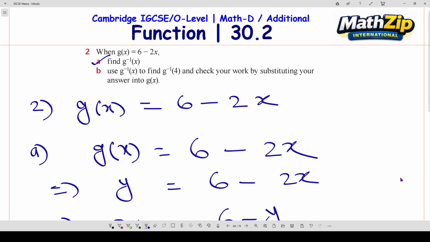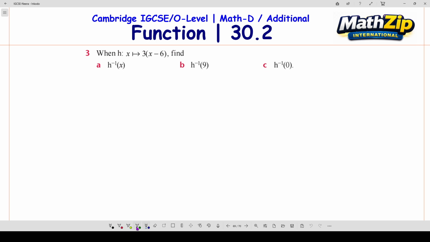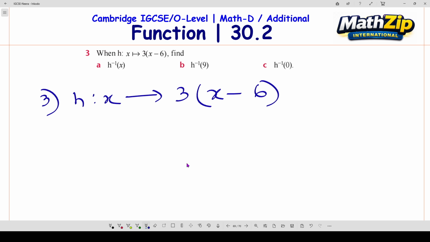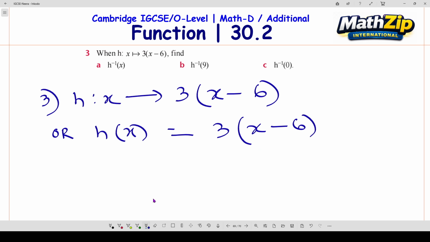So question 2 is done. Question 3: the function maps x to 3 times x minus 6. We have to find out a few things. We can write h of x equals 3 times x minus 6. For part A, we have to find inverse h of x.